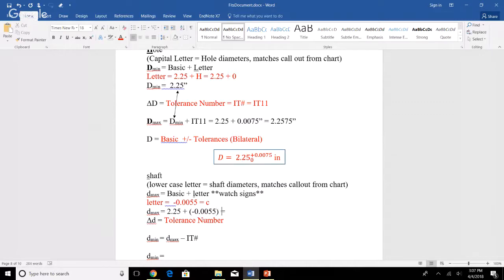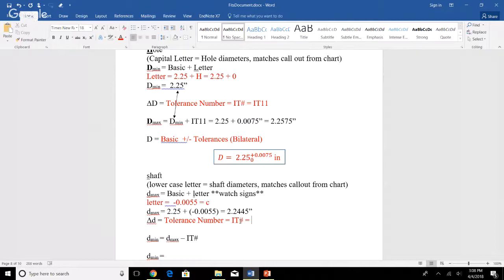That will give us our maximum diameter of our shaft that is allowable for this particular problem, which is going to be 2.2445 inches. So that is our maximum diameter of the shaft that is allowable for this loose running fit. Our change in diameter, our change in shaft diameter, that is again our tolerance number, which is the IT number.